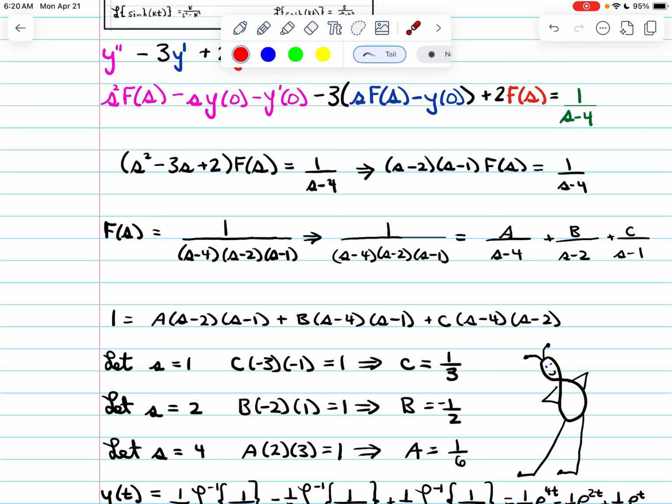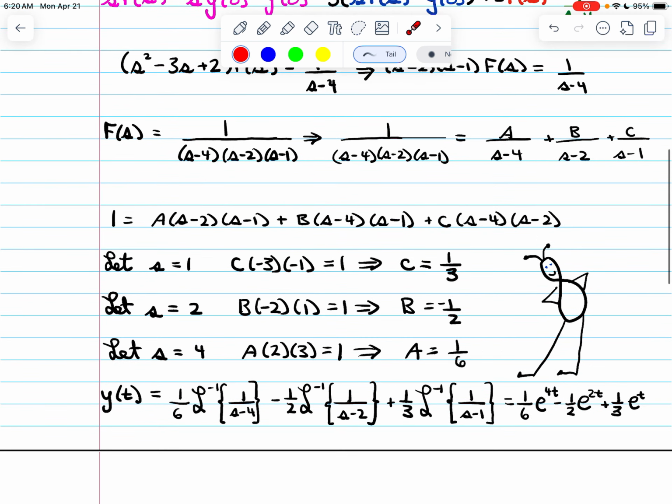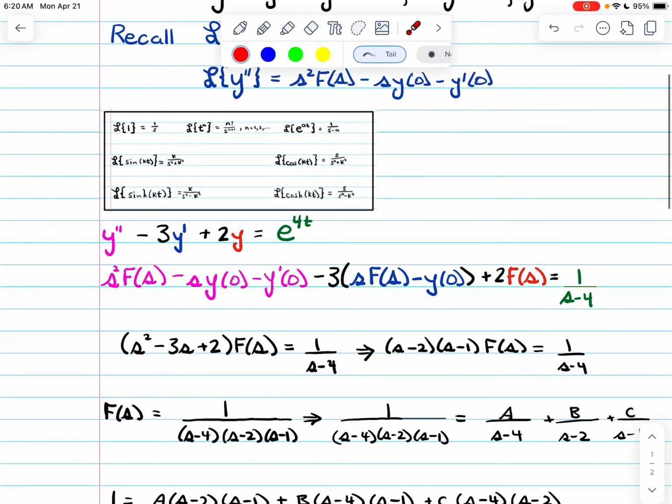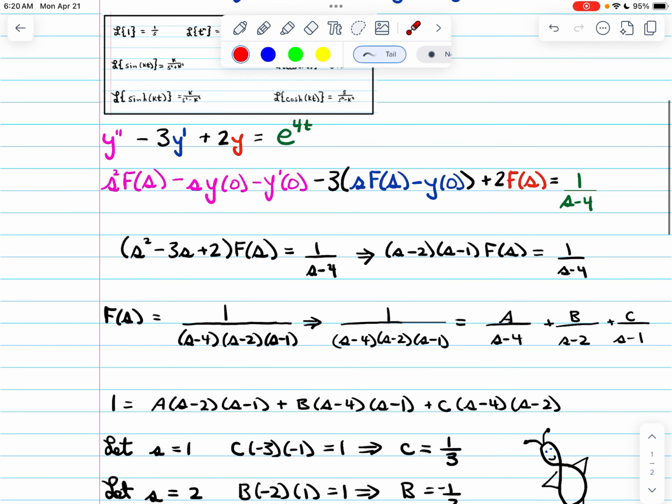So we go through all of that, and then we go back to this, and I just say, okay, the inverse Laplace transform of this right here is what we're looking for. That's y of t. Okay, so that's y of t, and then I take in turn the inverse Laplace transform of these.